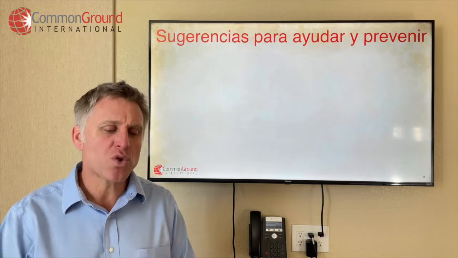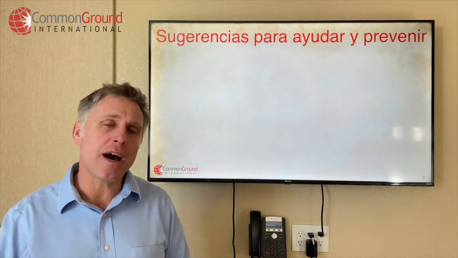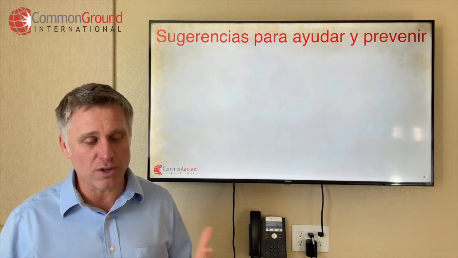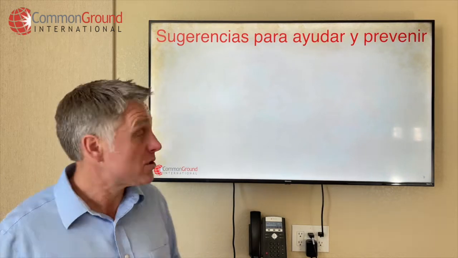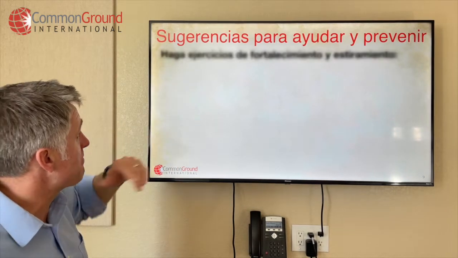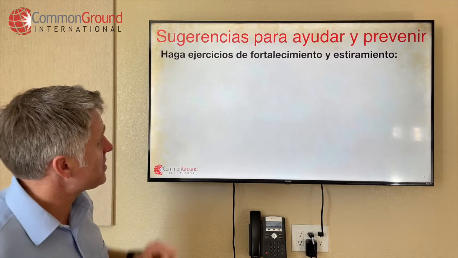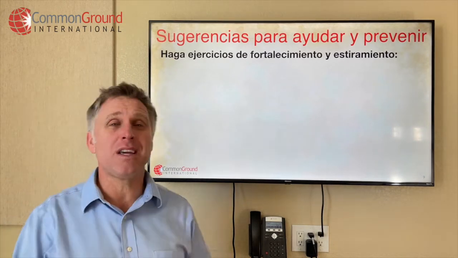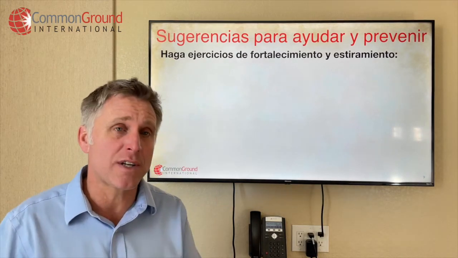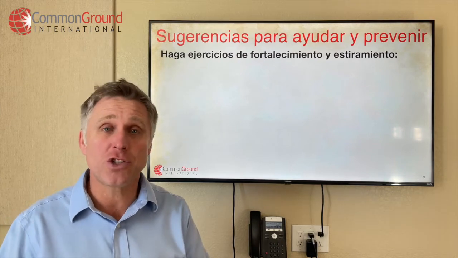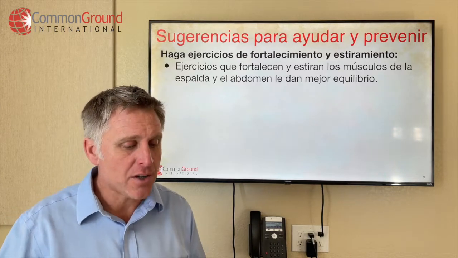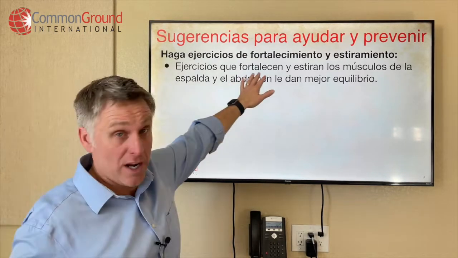How about some sugerencias para ayudar y prevenir? Unas sugerencias para ayudar y prevenir. So some suggestions to help and prevent back pain. Haga ejercicios de fortalecimiento y estiramiento. Do exercises, do strengthening and stretching exercises. Ejercicios que fortalecen, strengthen.